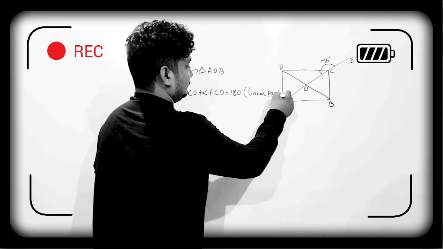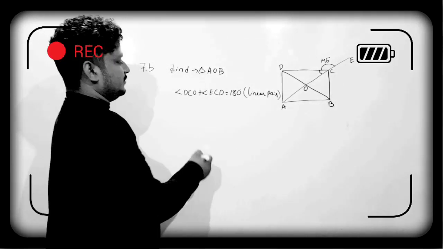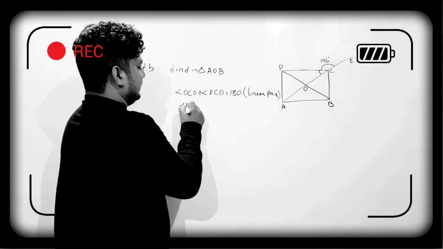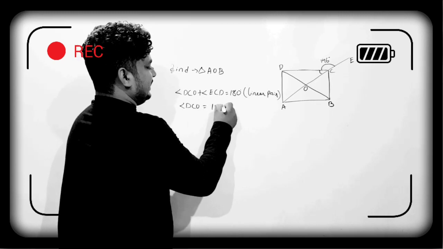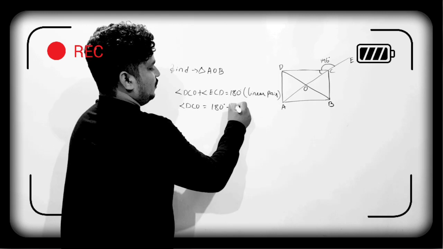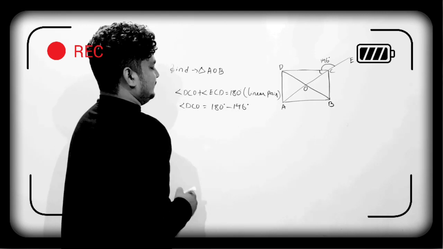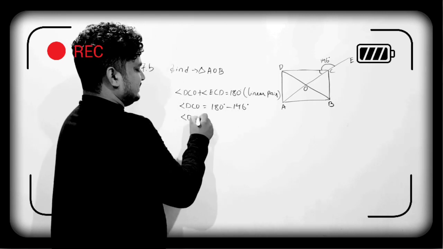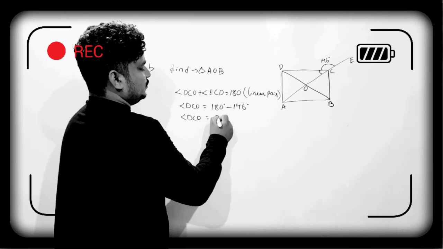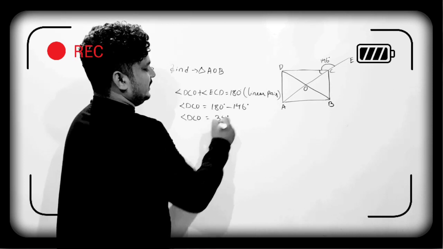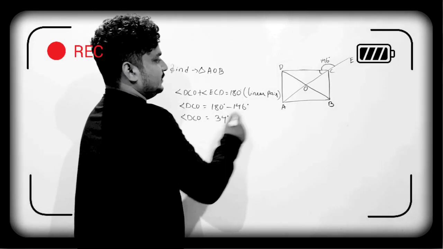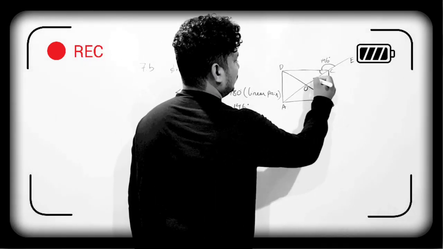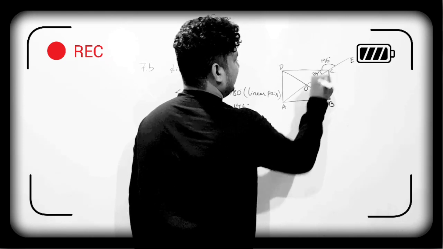Further we can find that angle DCO equals 180 degrees minus 146 degrees. So angle DCO will be equal to 34 degrees. So we have got angle DCO, this particular angle, equal to 34 degrees.